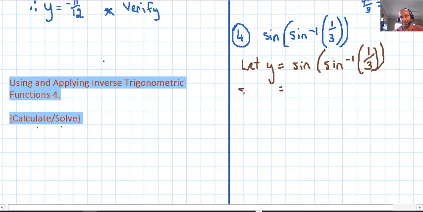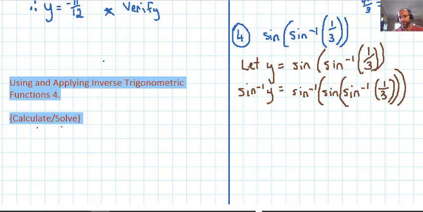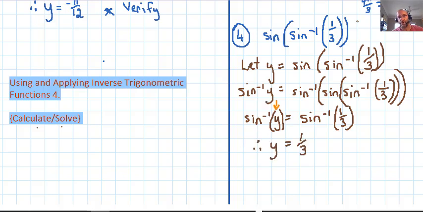Let's take inverse sine of both sides, and what we have then is the following there, which essentially boils down to this level here, provided we can find a valid solution. So y equals 1/3, therefore this whole expression here should equal 1/3 if it's valid, so let's check that out.